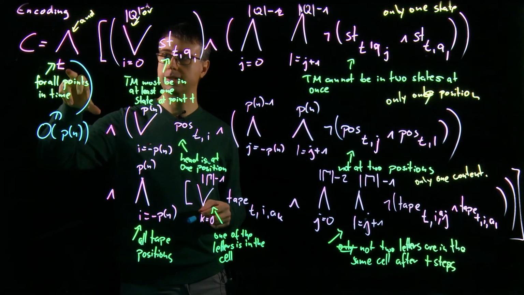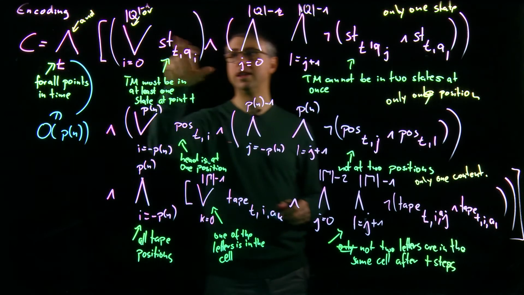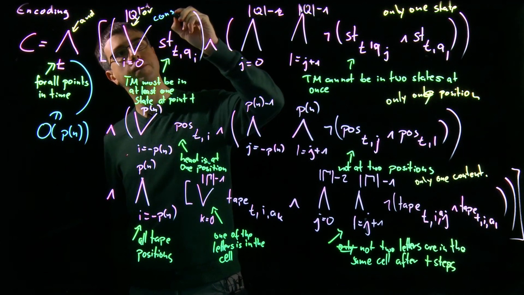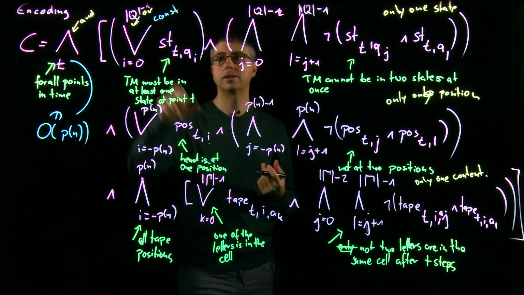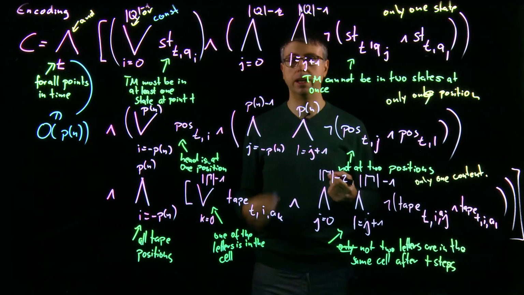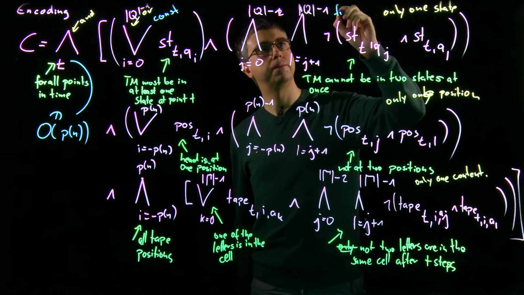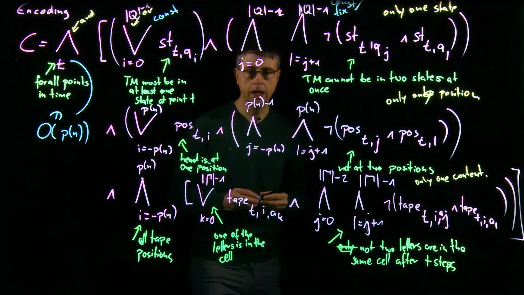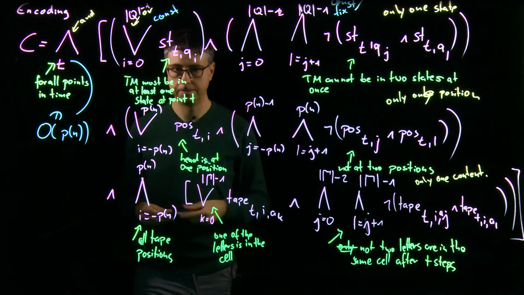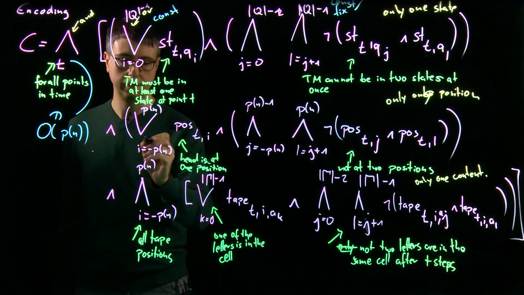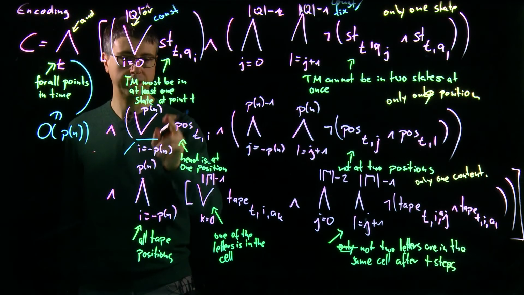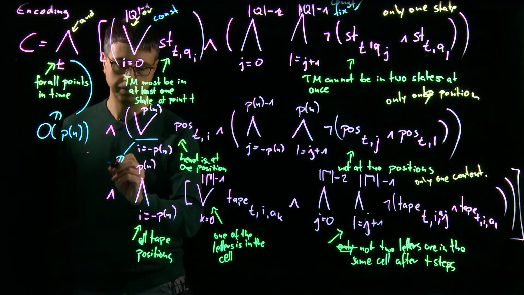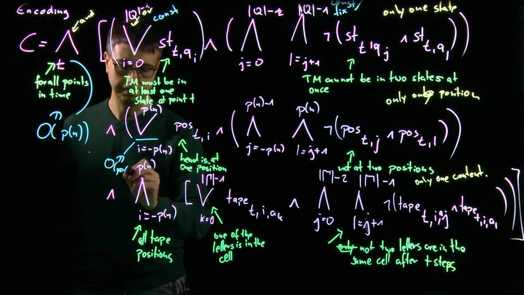This one here is constant because it's fixed. It's just the number of states of the Turing machine, so it's a fixed value. This disjunction is also from minus p of n to plus p of n, so it's 2 times p of n, so it's also in O of p of n.